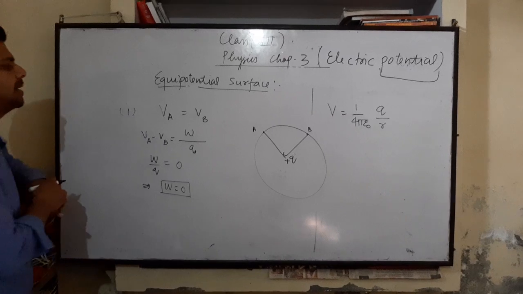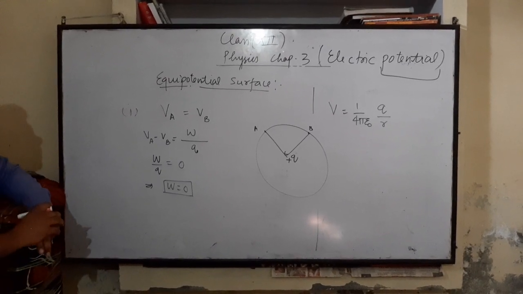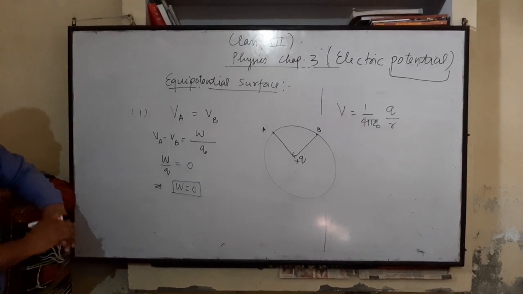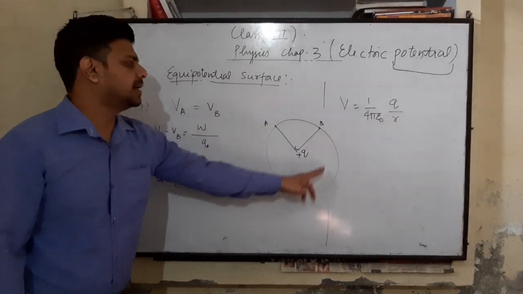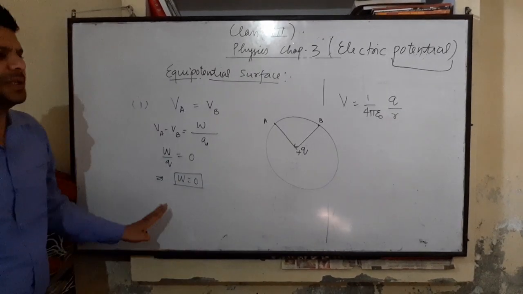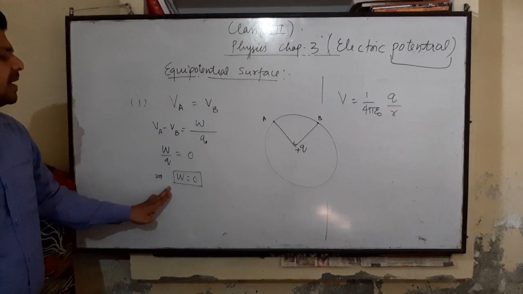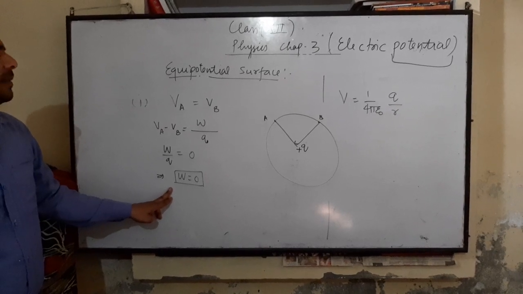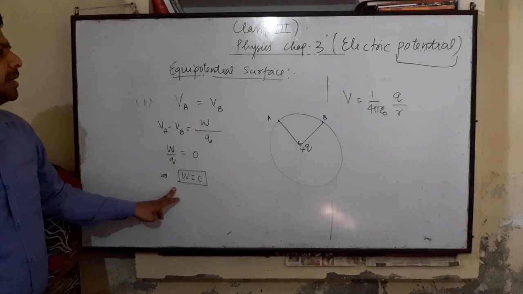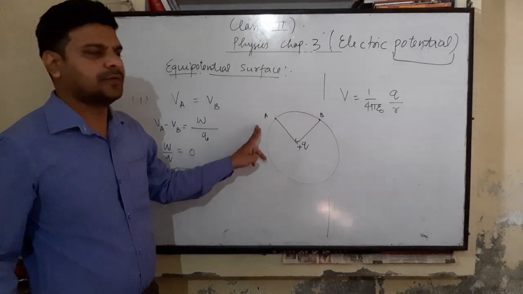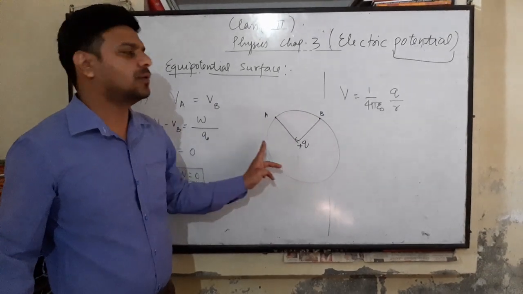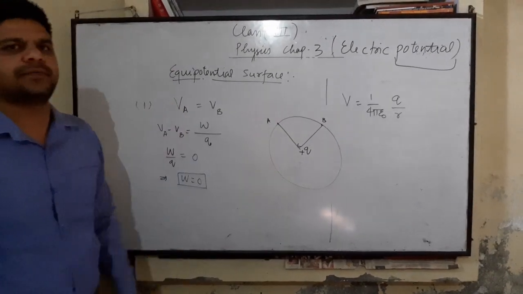This is a very important result for an equipotential surface. As the potential at every point is the same on an equipotential surface, no work is done in moving a charge from one point to another point over an equipotential surface.